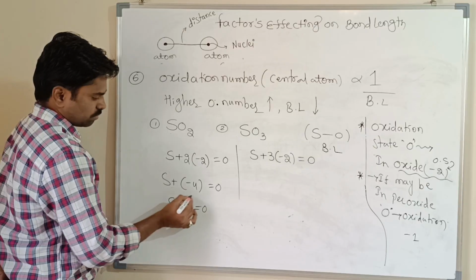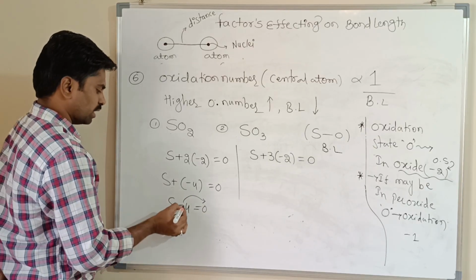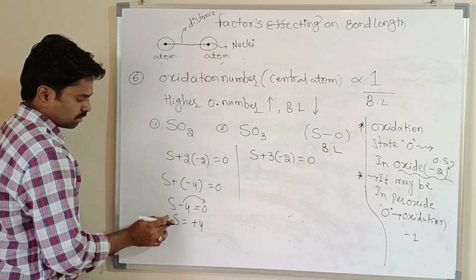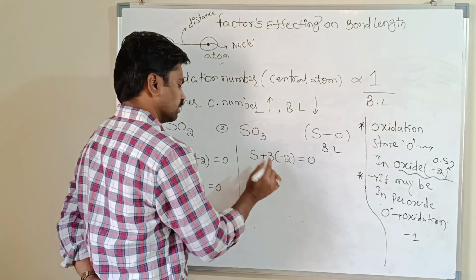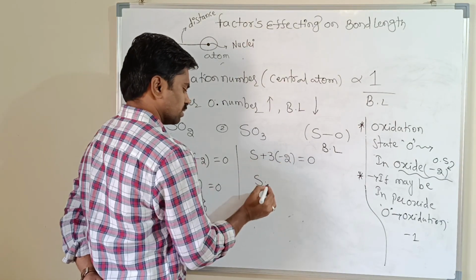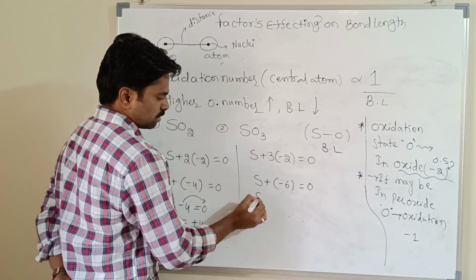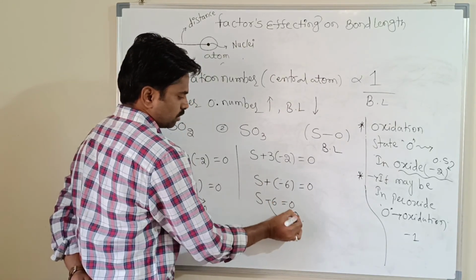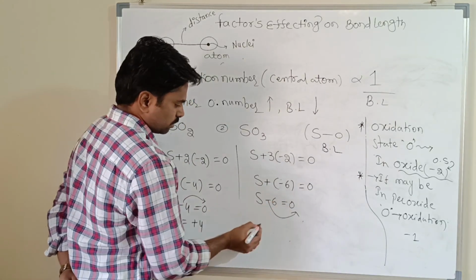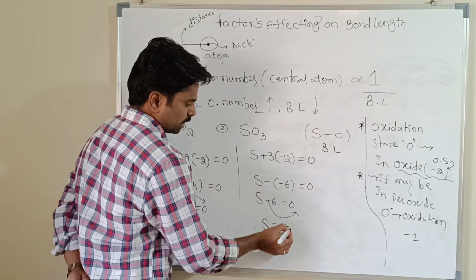And when -4 goes to the other side of the equal sign, the minus becomes plus 4. And now here we come to the 3 oxygens, so -6 equals 0. And once it comes to the outside of the equal sign, S is equal to plus 6.